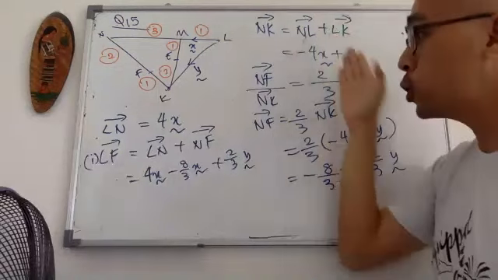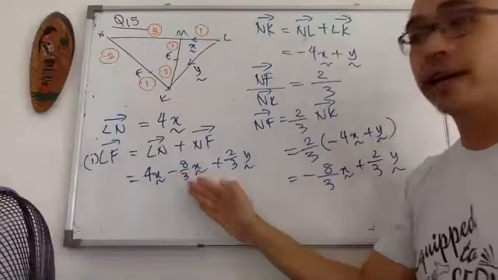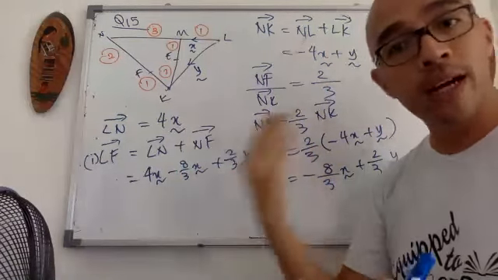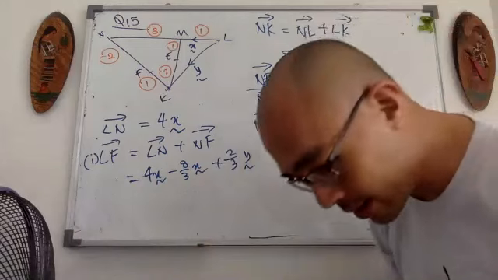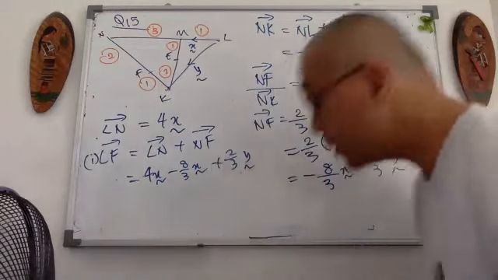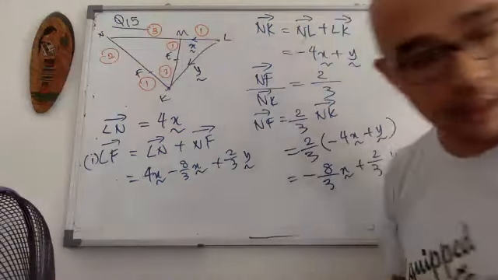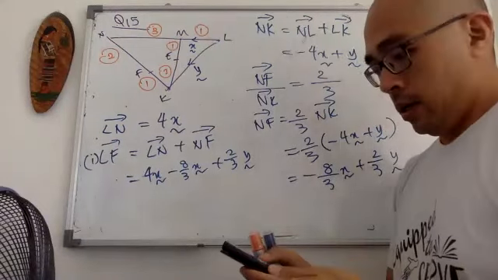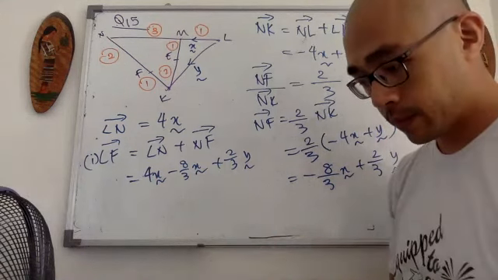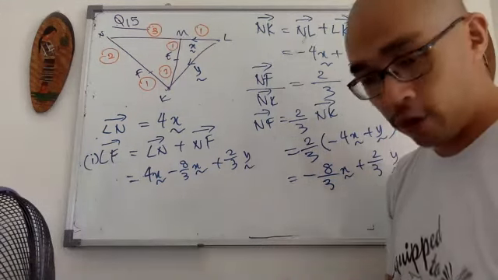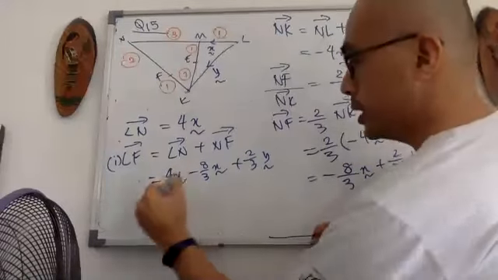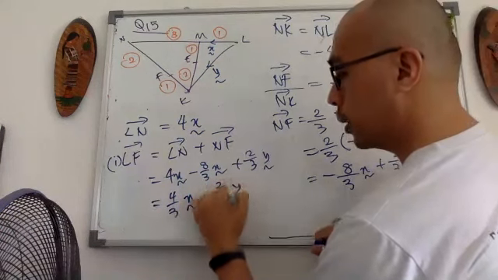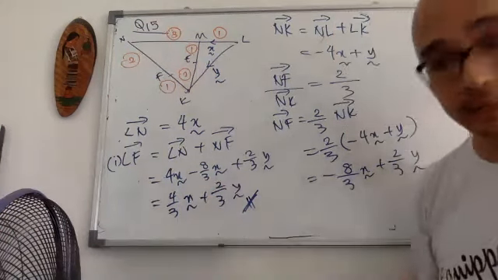You have to do 2 things to find the thing that you actually want, and that's basically how vector is. You have to find other ways to find the answer that you actually want. So you'll find that this is 4 minus 8 over 3, which is 4 over 3. So this will be 4 over 3x plus 2 over 3y, and this is the answer.